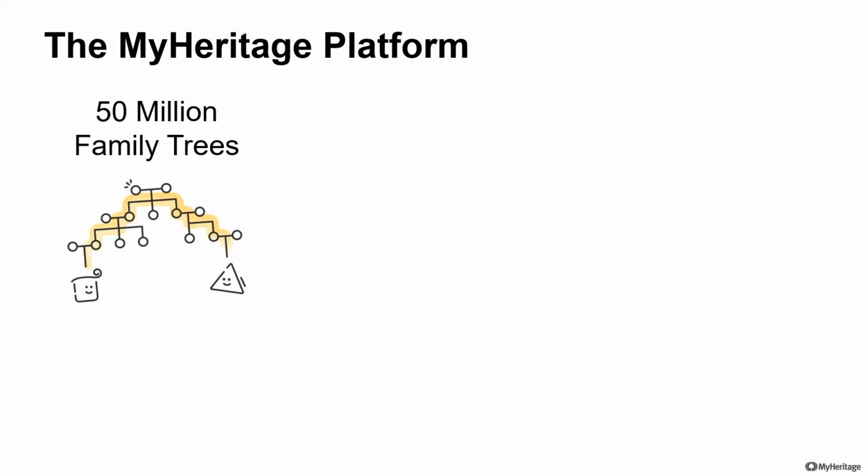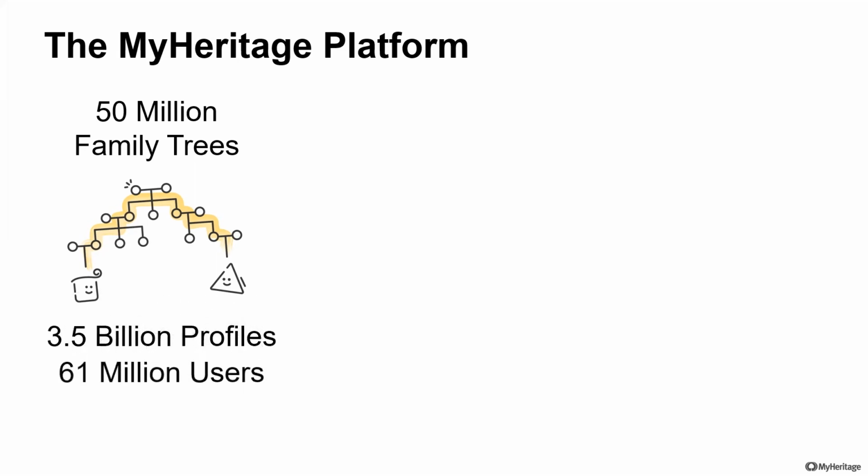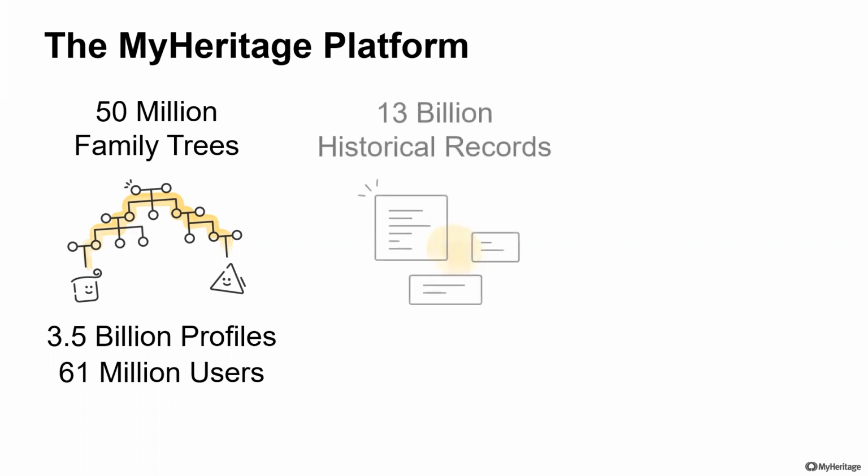By the time of this presentation, the MyHeritage platform has 50 million family trees, and this is actually how MyHeritage started, with family trees. We have 3.5 billion profiles in our database, and those trees are kept by 61 million users. We also have more than 13 billion historical records at your disposition in our database.